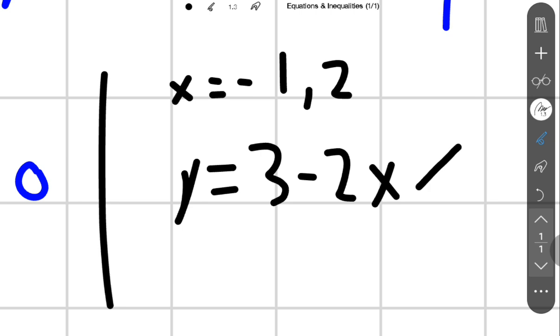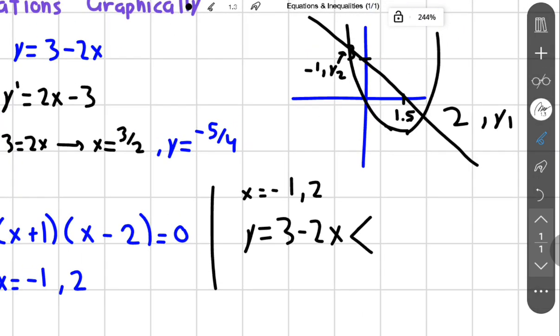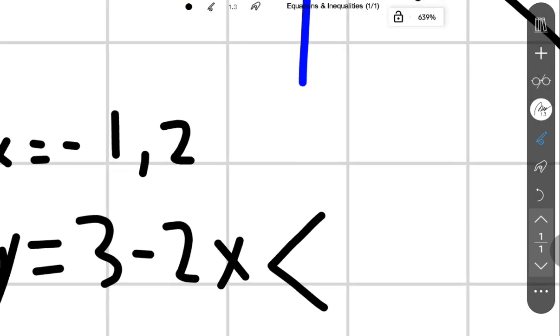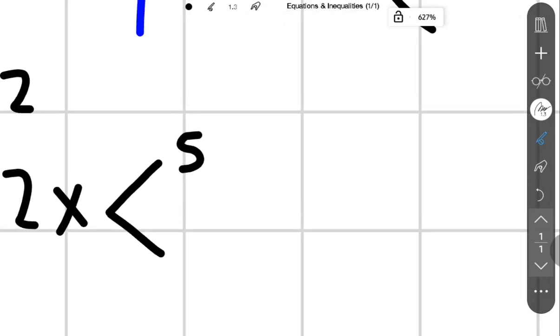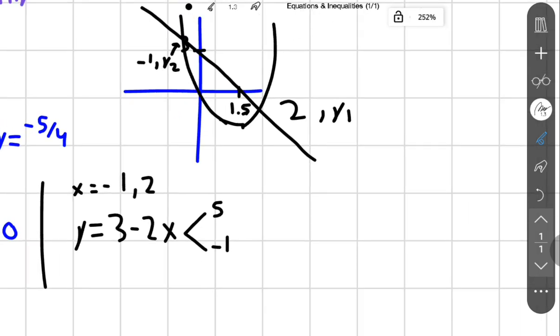So we'll have the possible solutions of y as 3 minus 2 times -1. We'll have 5, and we'll have 3 minus 2 times 2, which is -1. So these are the y coordinates.